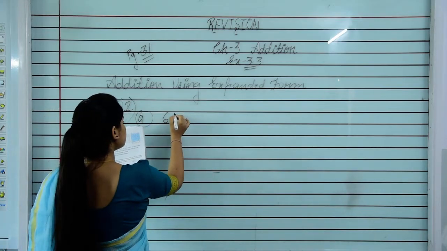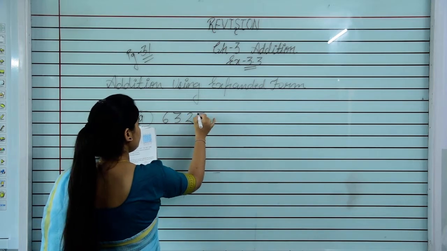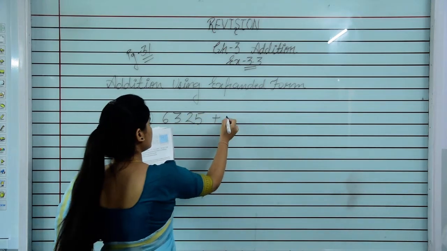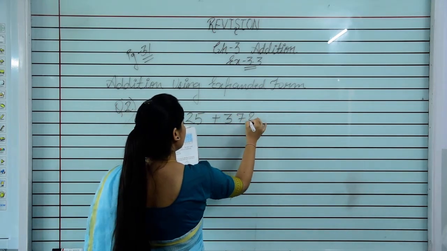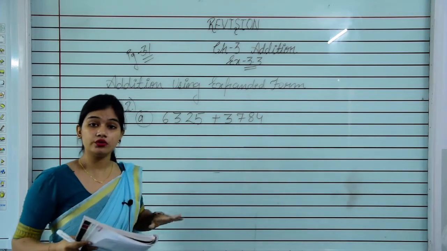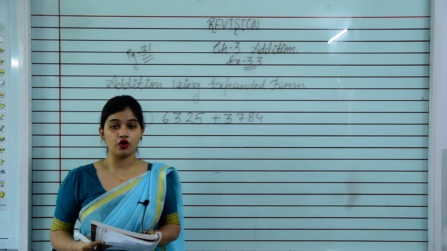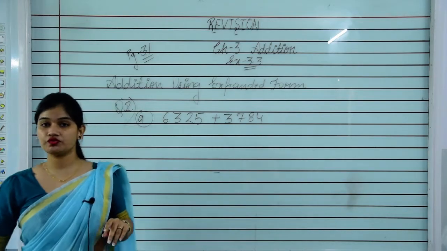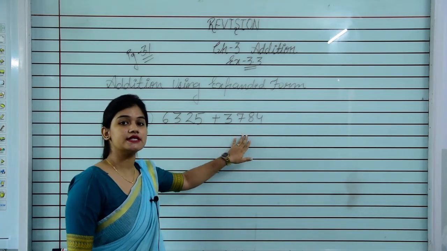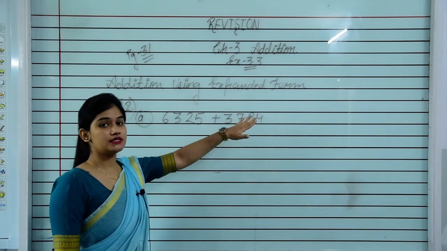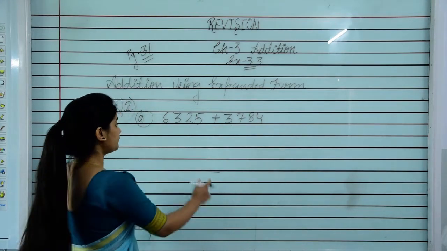Question is 6325 and the next number is 3784. What we are doing in this question, student? The question is write in expanded form and add. So first we'll write these numbers in expanded form, then we'll find the sum of these numbers.